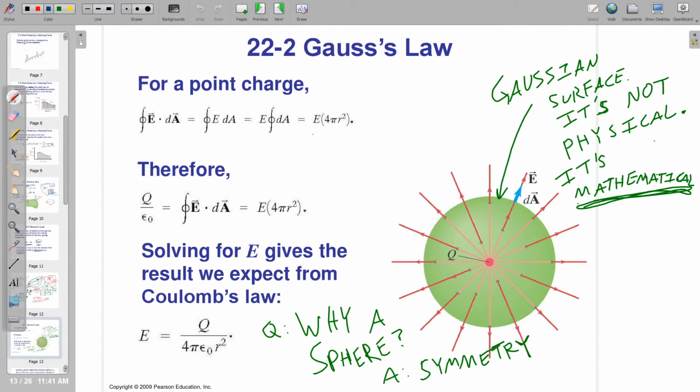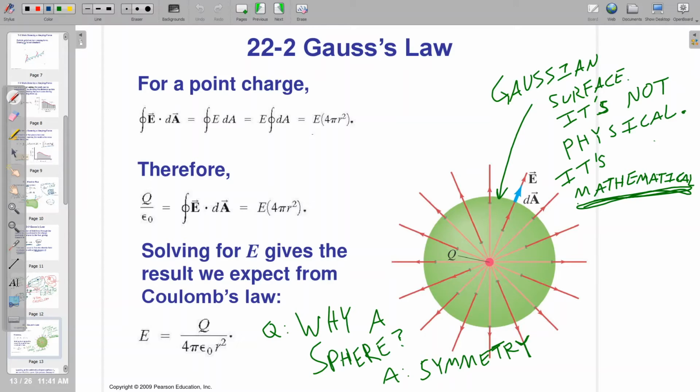All right, so let's talk about Gauss's law for a point charge. Here we have a point charge Q. If we wanted to derive the electric field that exists a radial distance r away from a point charge Q, and let's say you hadn't already learned this, you could use Gauss's law.